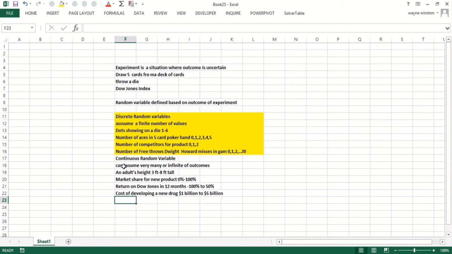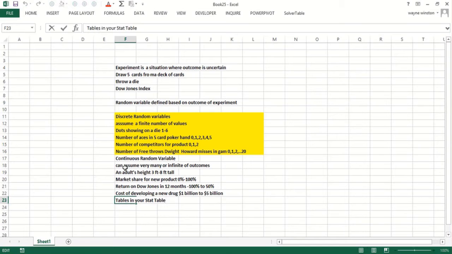Okay, so what we want to talk about in the next few videos is how to estimate probabilities for various random variables that occur a lot in the world. So if you ever took a stat class, you know there were tables in your stat book. There were the Z tables, you probably remember those for the normal random variable. There were tables for the binomial random variable and perhaps other random variables.